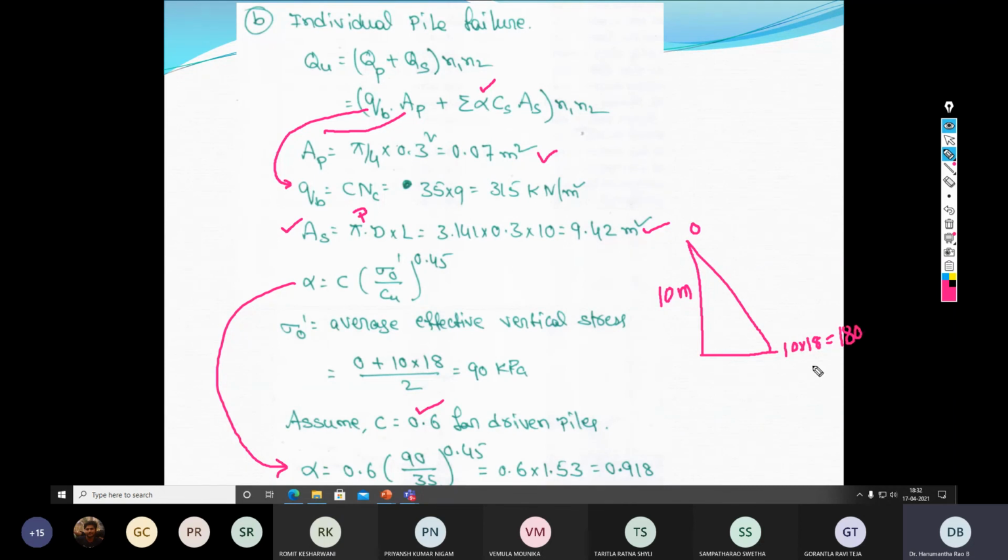Average means 0 plus 180 by 2, so that is 90 kilopascals. Use 90 kilopascals here, and substitute and calculate the alpha value. So the alpha value is calculated as 0.918.